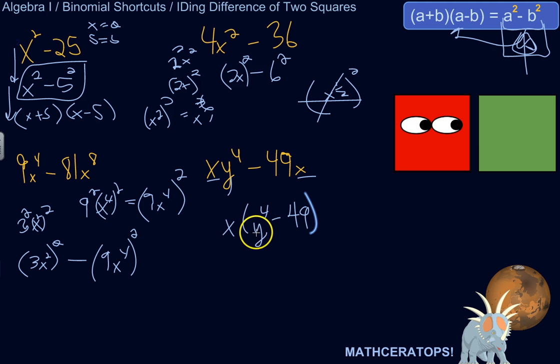So y to the fourth, I could rewrite as y squared, squared, and then 49, you could write as 7 squared. So inside here is the difference of two squares, and then the whole thing is multiplied by x, and that would be good.